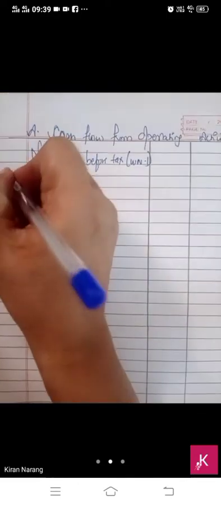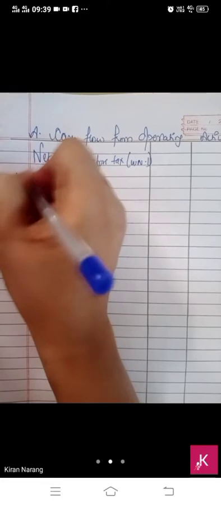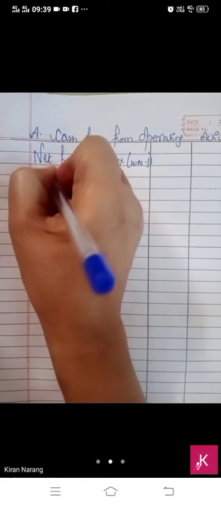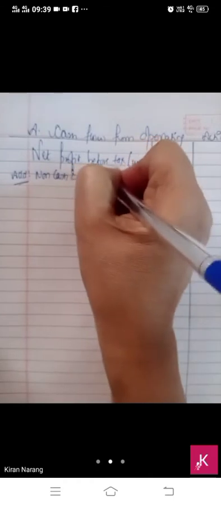Net profit before tax. Now you have to add some non-cash and non-operating expenses. Non-cash, non-operating expenses. Because they are not related to business and we have already deducted them, we will add them back.